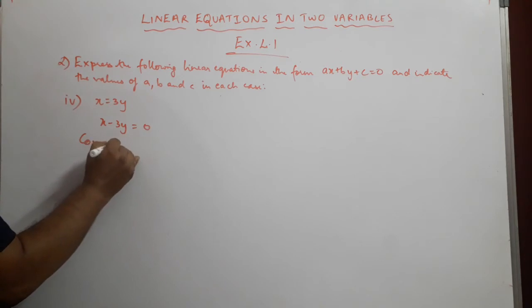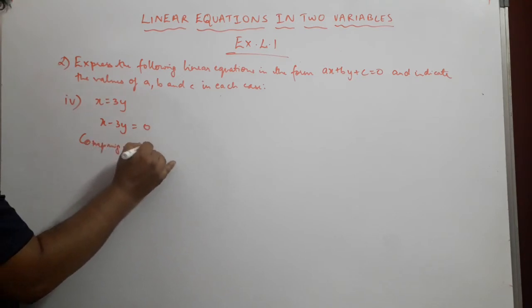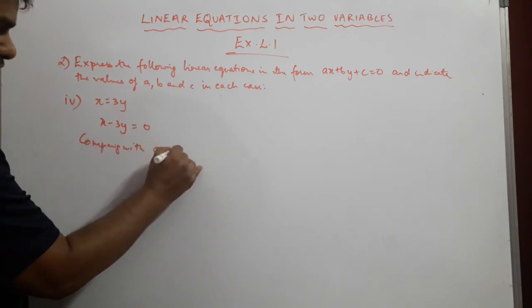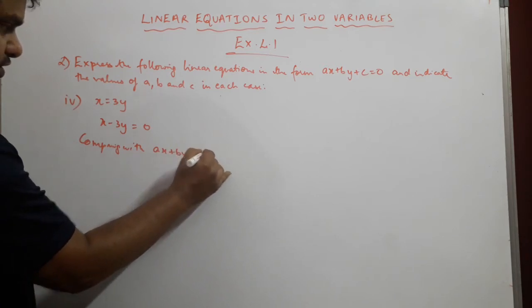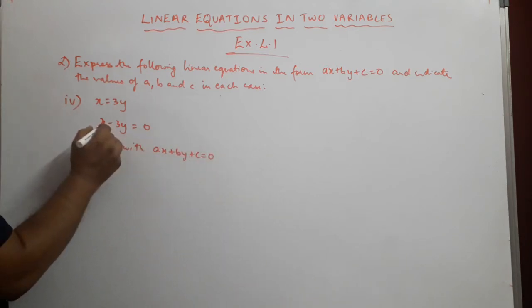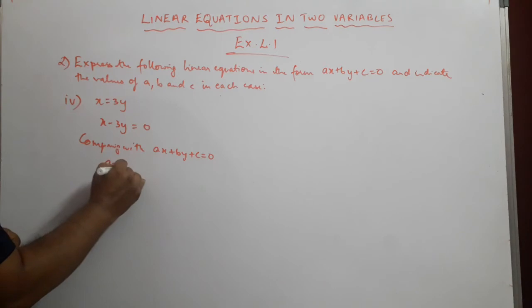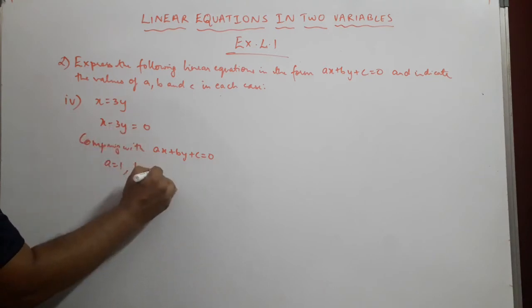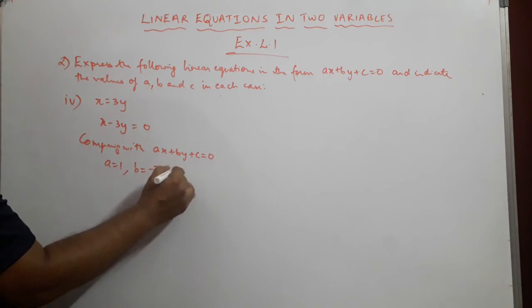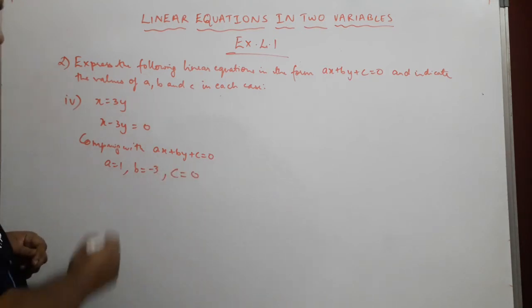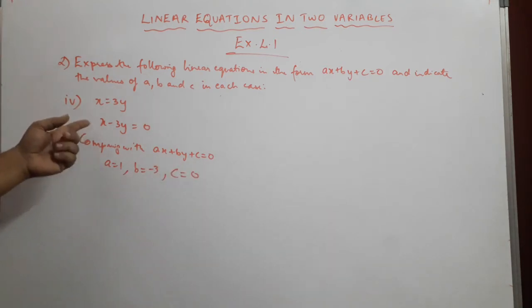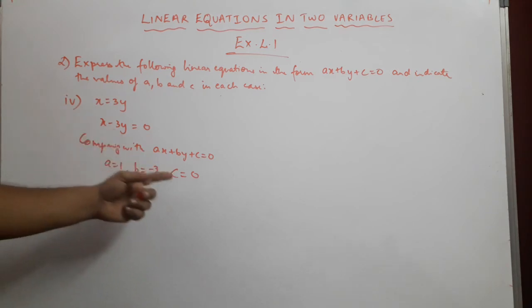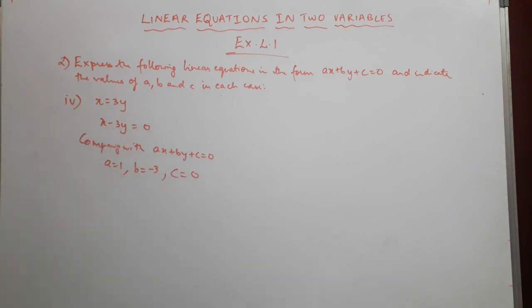So comparing with ax plus by plus c equal to 0, coefficient of x is 1, then coefficient of y is minus 3, and since there is no c, we'll take that as 0. So a equal to 1, b equal to -3 and c equal to 0 because there is no constant out here.